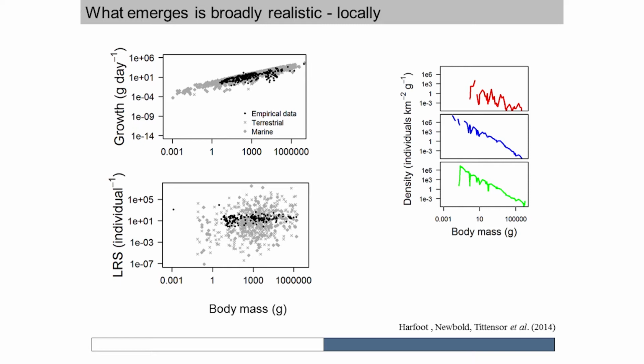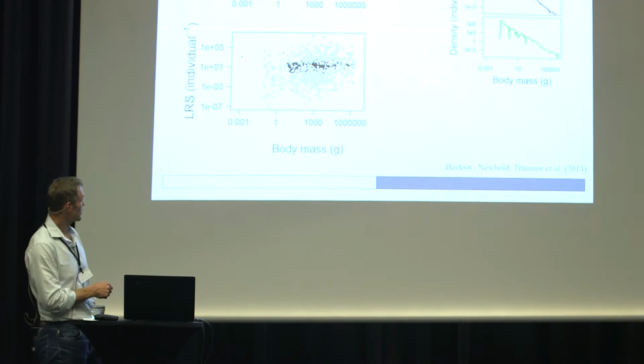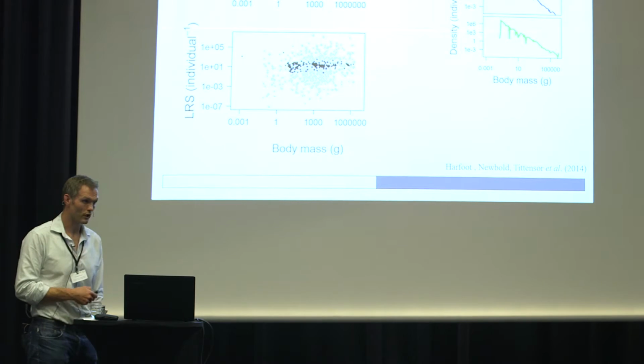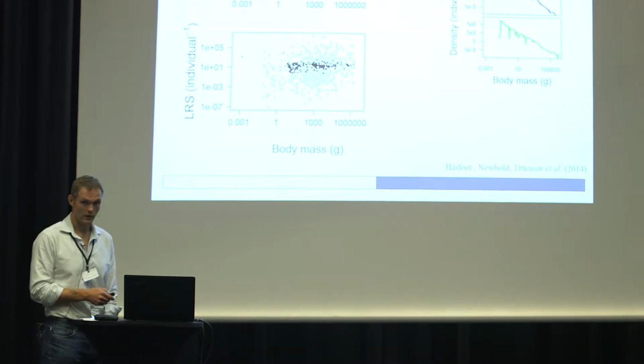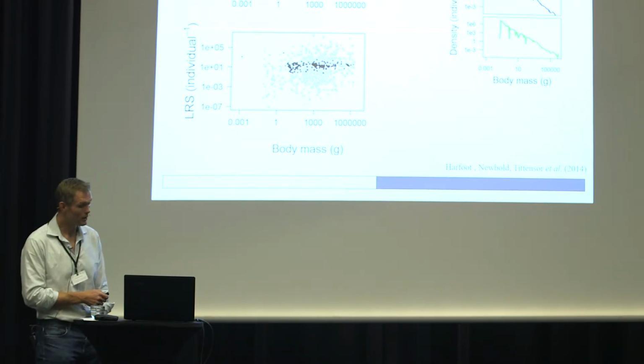What we find is that for growth, there's a very close agreement between the log linear increasing growth rate as a function of body size between the model and empirical data. The slopes of these two, the model and the empirical data, are not significantly different in this plot, but there's obviously far greater variability in the model predictions of lifetime reproductive success compared to empirical data.